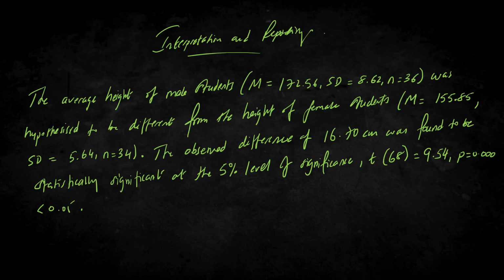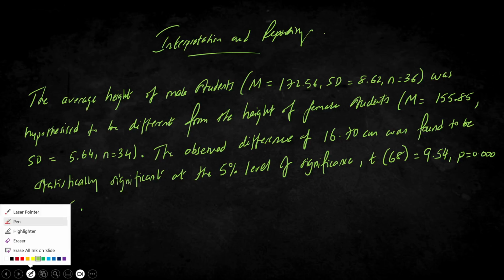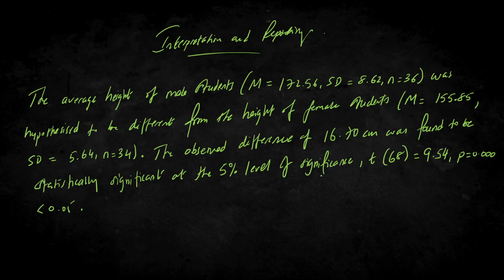Now, we have an additional step which you want to include in your interpretation of results. We always want to include what we refer to as the effect size. So this result here tells us about the statistical significance of a result.